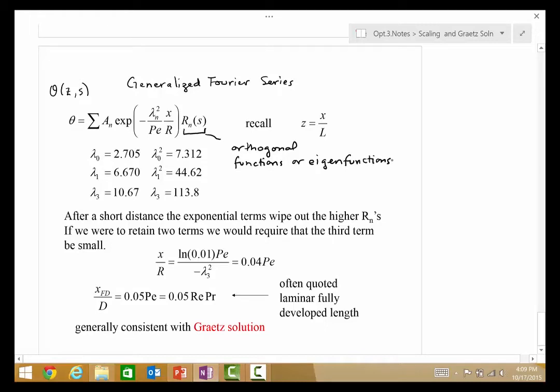And the family of lambdas that allow this to satisfy the boundary conditions are, again, the eigenvalues.